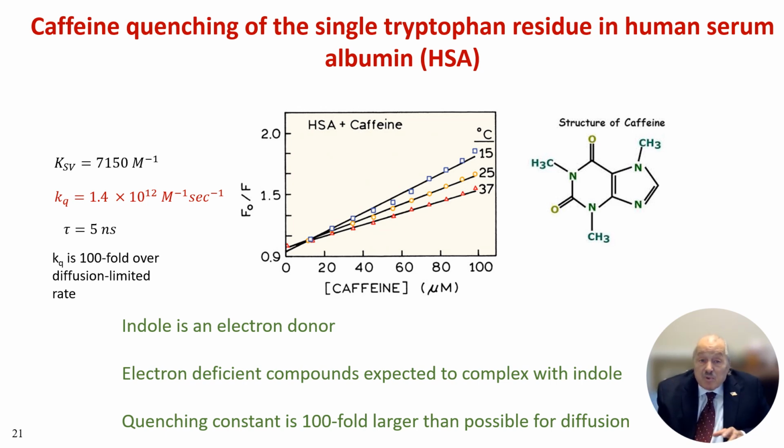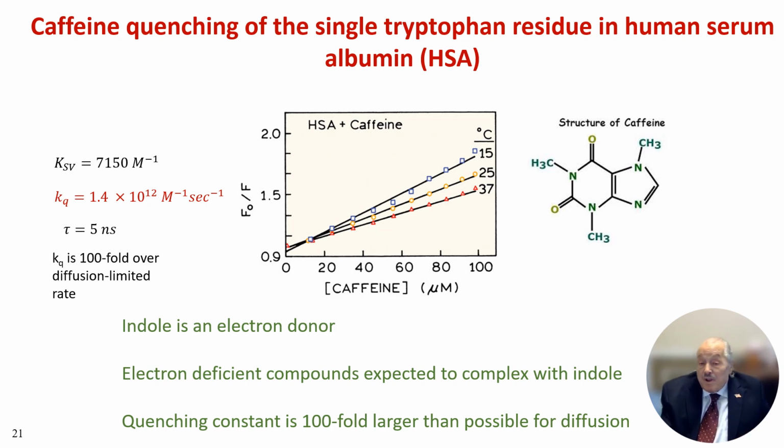This example is less obvious, but this is caffeine, which we're all exposed to, which is able to quench the single tryptophan in serum albumin. And so we can look at that data. The stacking of this electron deficient caffeine on the electron rich indole is what the static process is. Calculate the Stern-Volmer quenching constant, calculate the bimolecular quenching constant, and you find it's 100-fold over the diffusion controlled limit.